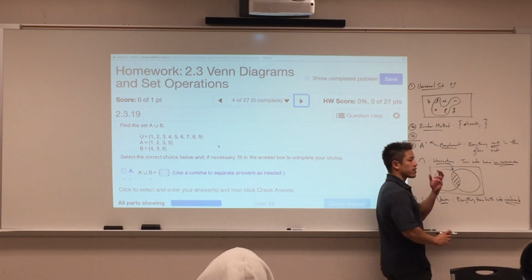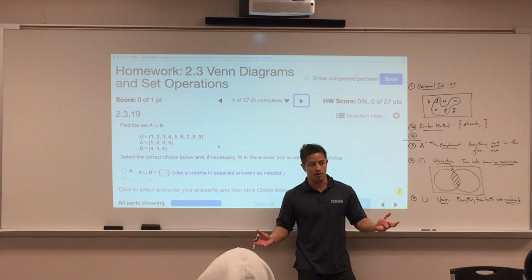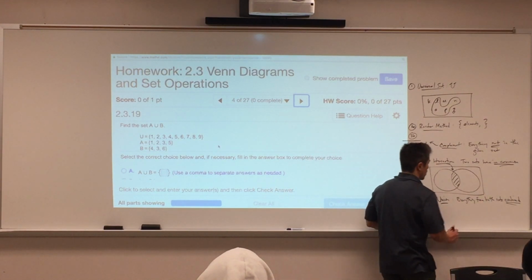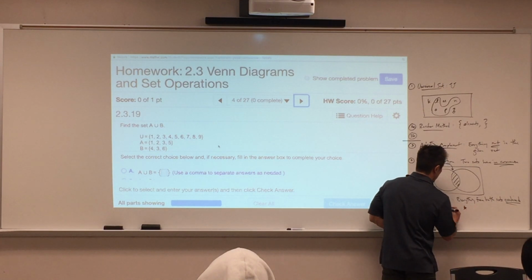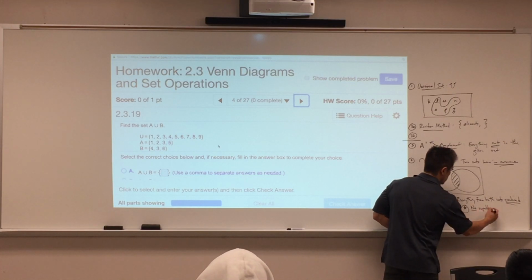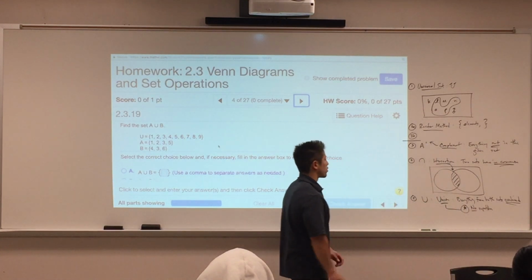It's what they have in common and what they don't have in common, combined into one set. Now, one quick and very important note with unions is that there's no repetition.